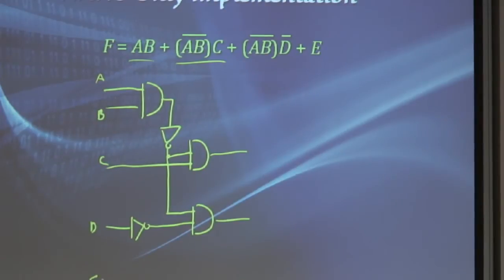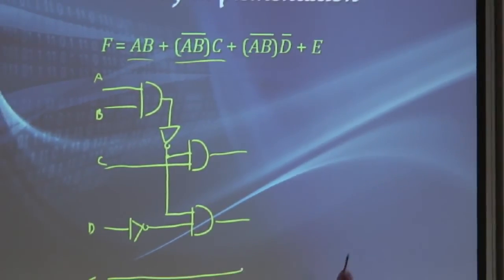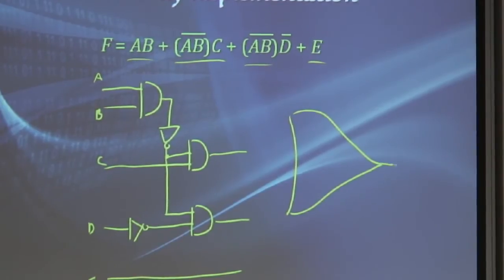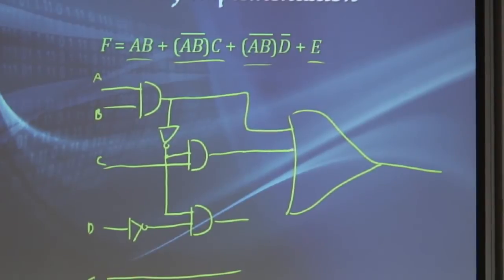Now I also probably have a signal E coming through. That's for the last term. I don't actually need to do anything with it. And now I came up with all the 4 terms, which are now going through a massive OR gate.